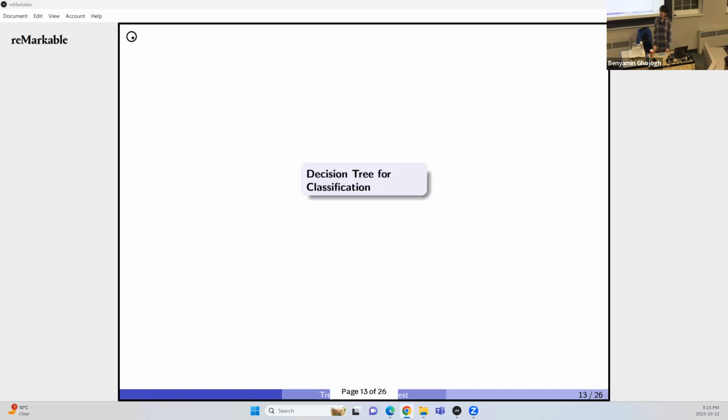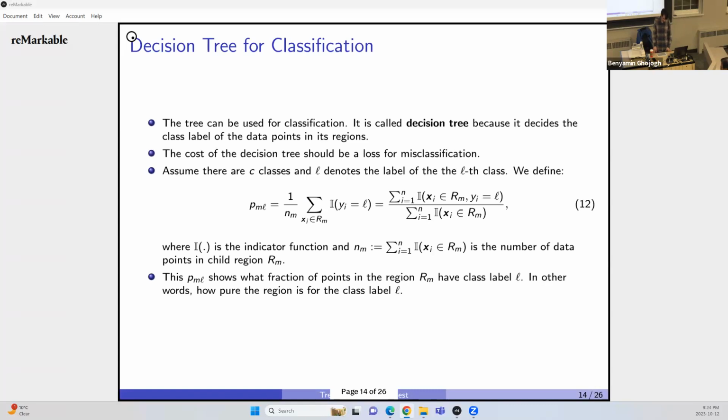Now we can use the tree for classification, right? Usually it's called a decision tree because we decide based on it. Sometimes they use decision tree for regression too, doesn't matter. The tree can be used for classification. It's called a decision tree because it decides the class label of the data points in the regions.